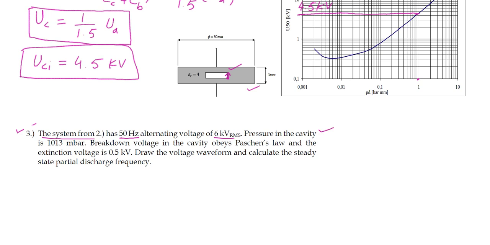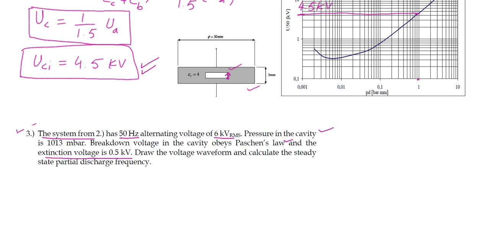Breakdown voltage in the cavity obeys Paschen's law, so it will be the same as we calculated in the previous problem. Now we are given the extinction voltage, which is the voltage level where the breakdown ceases, where the breakdown stops in the cavity.